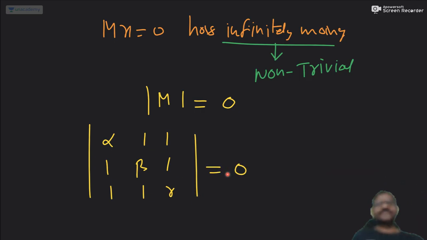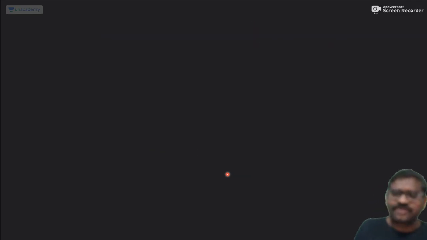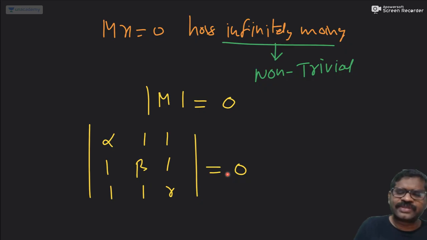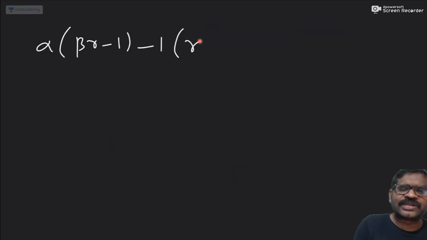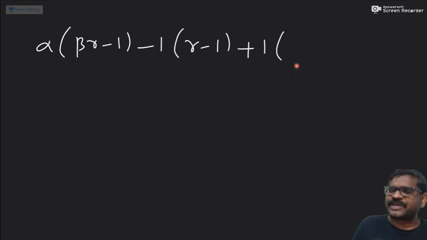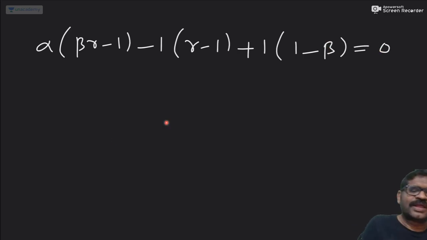Expand the determinant. Alpha of beta gamma minus 1, minus 1 of gamma minus 1, plus 1 of 1 minus beta, equal to 0.